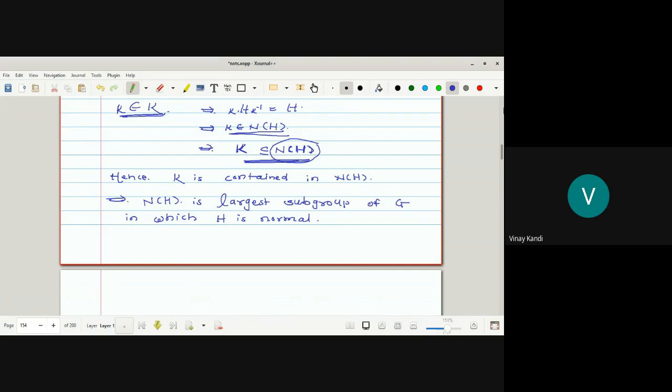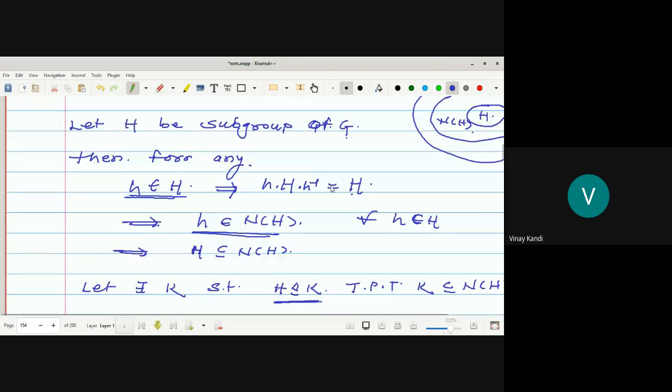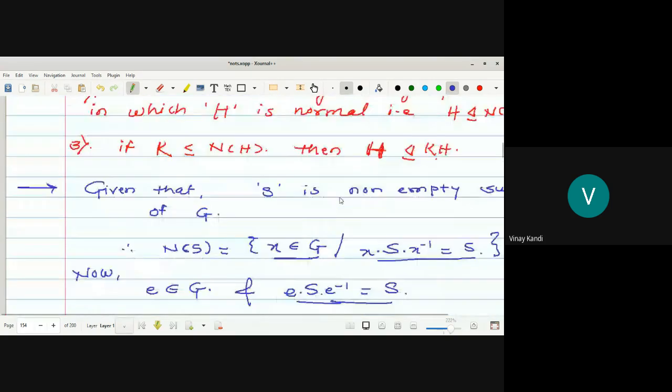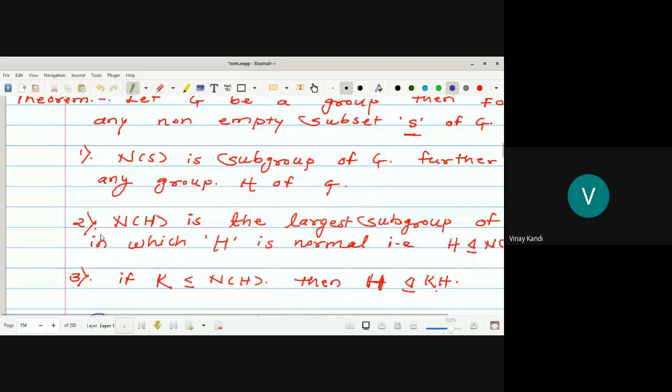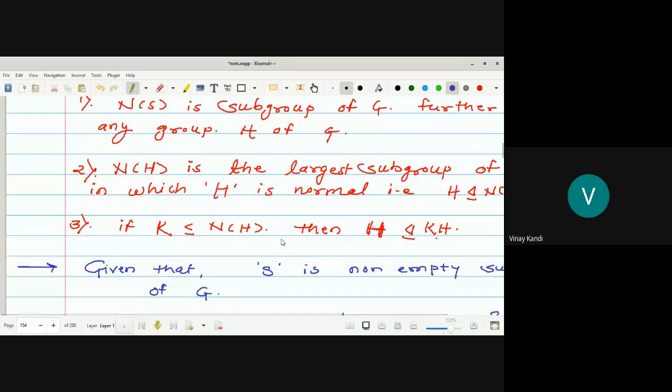Now we have to prove that first step. Okay, what is the third one? Second step, that is the largest subgroup of G in which H is normal. Now, third one: if K is a subgroup of the normalizer of H, then H is normal in KH.